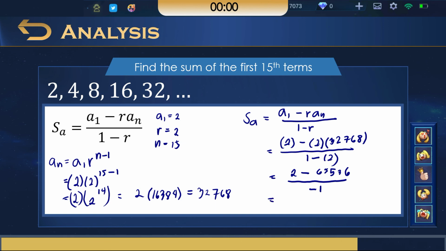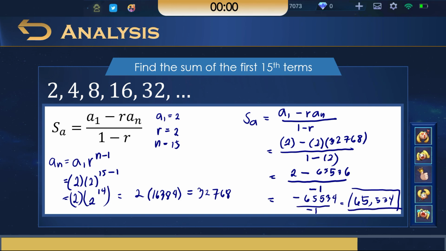To simplify, 2 minus 65,536 is equivalent to negative 65,534 all over negative 1. Negative divided by negative gives positive, so the final answer will be 65,534.